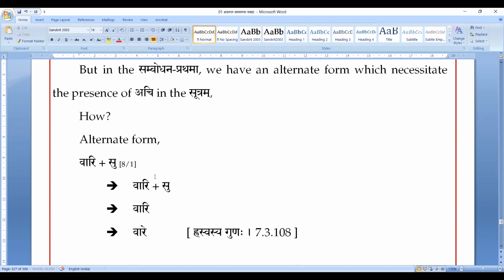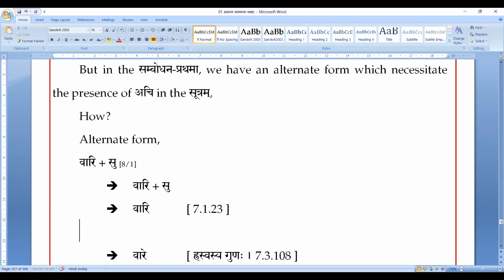Vari plus su. One form already we get, vari. Now vari plus su, by sumo napumsaka luk, which is 7-1, what's the number? 23. By that, su becomes lopa.